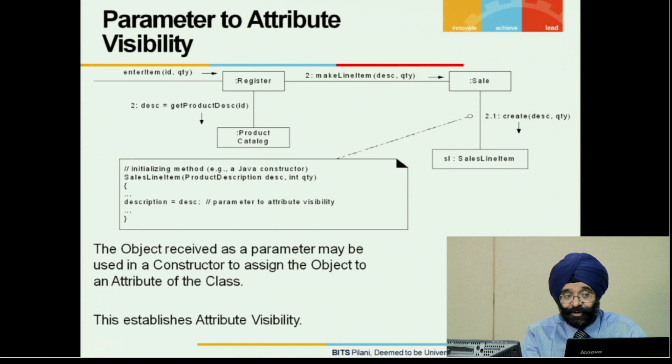You've seen a very close interplay of parameter visibility and attribute visibility, and how a parameter visibility was used to create an attribute visibility in the receiving object.